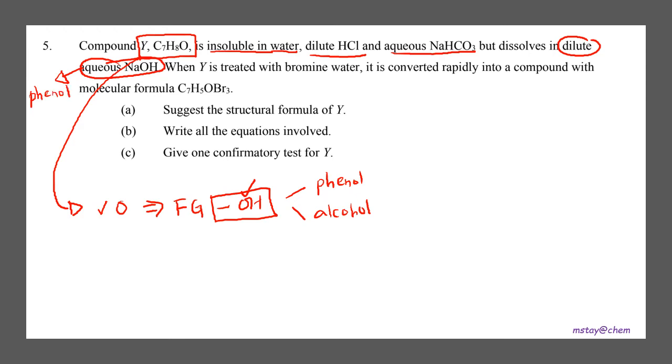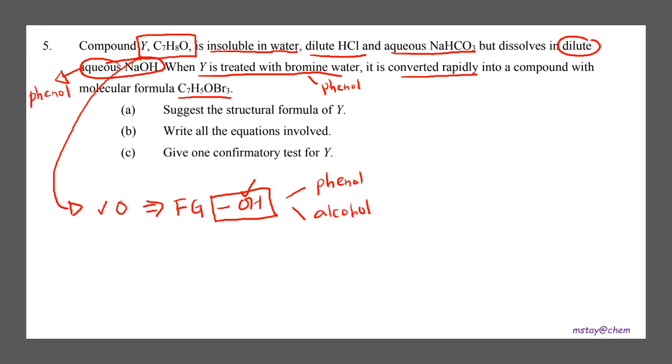Then Y is treated with bromine water and converted rapidly to C7H5OBr3. So from this statement, Y will react with bromine water. If you still remember the summary previously, between alcohol and phenol, phenol is the one which will react with the bromine water.